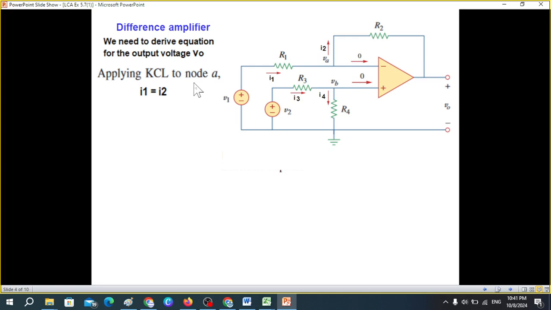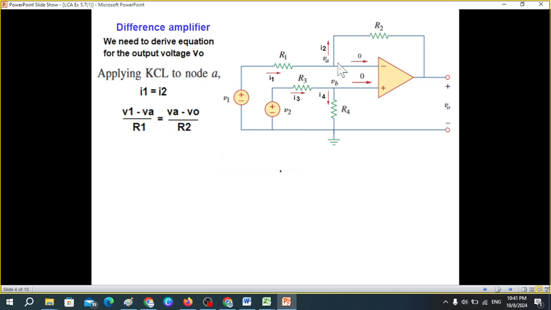Now we apply KCL at node A. So current entering is equal to current leaving: I1 is equal to I2. In terms of voltage, current is flowing from V1 to VA, so (V1 minus VA) divided by R1.